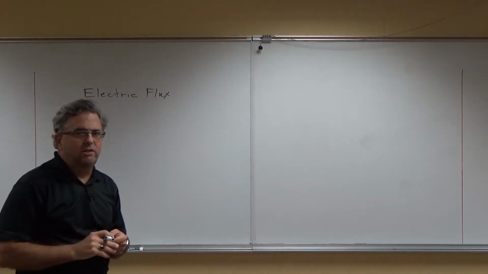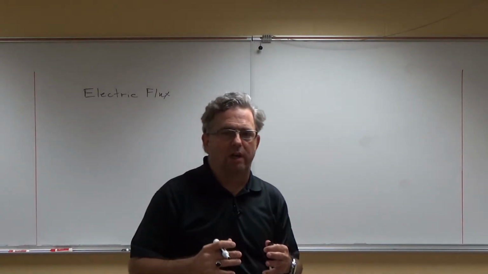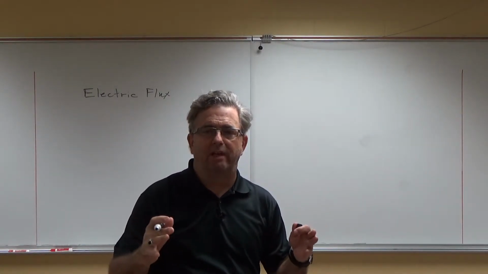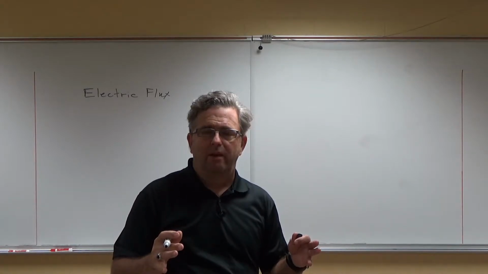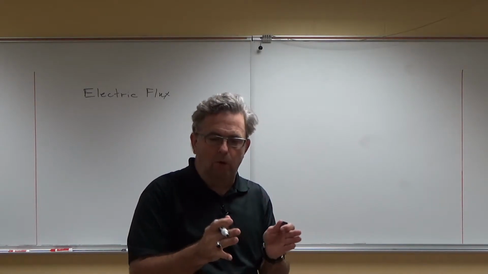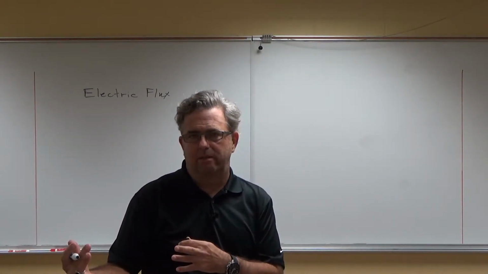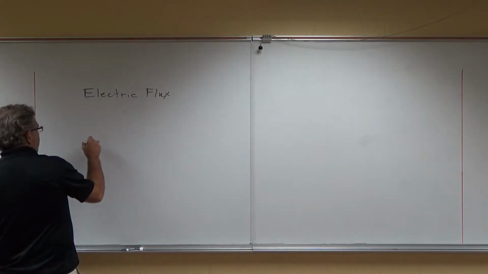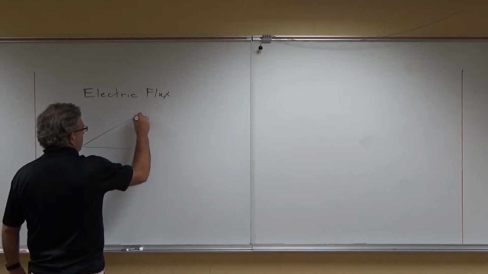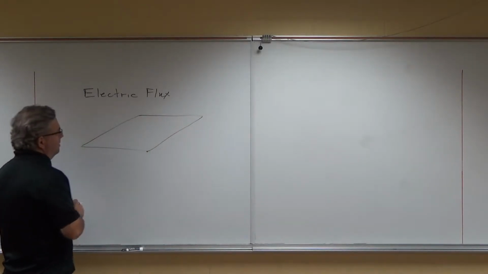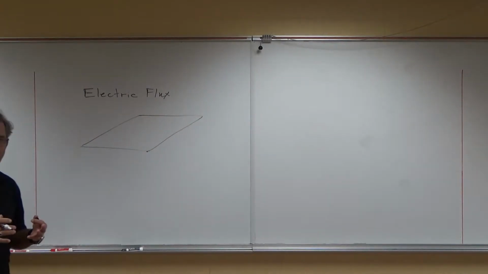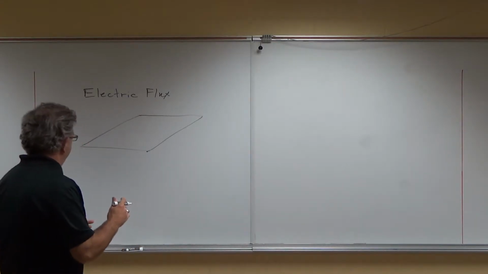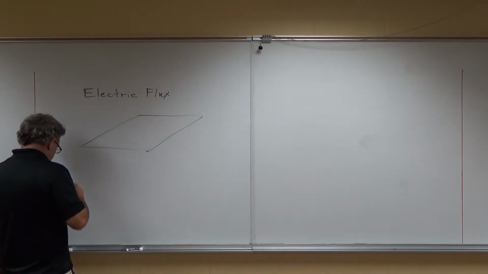So flux is how much electric field do you have in a given region? It's a field times an area, basically, okay? So let's say that you have a plane, just some planar area, and there's an electric field in the region.